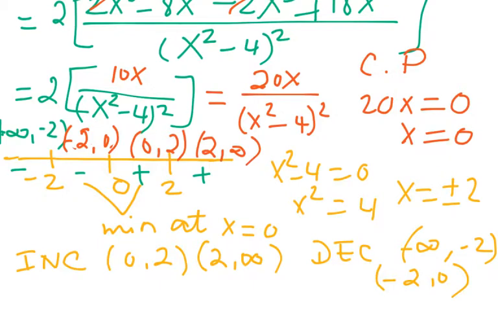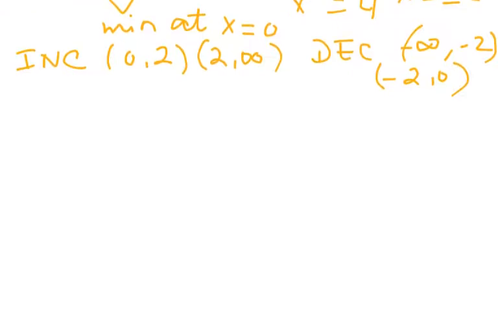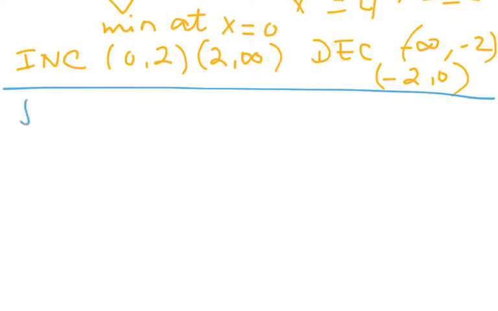Alright, the last one that we're going to look at is the second derivative, to find concavity, one concave up and one concave down. Because I'm about to run out of space, and we know how to take the derivative of this one, if you need to review how to take the second derivative, we can review that.